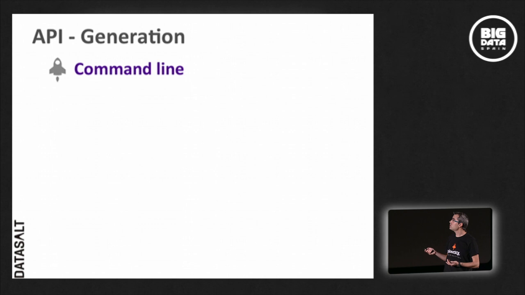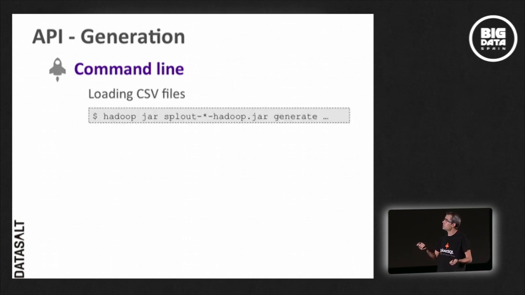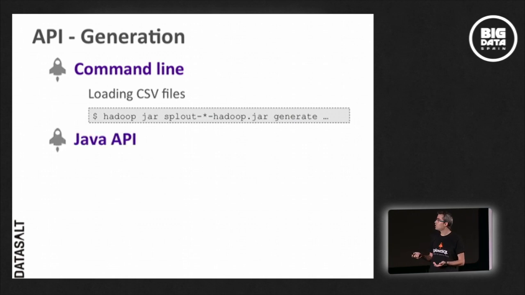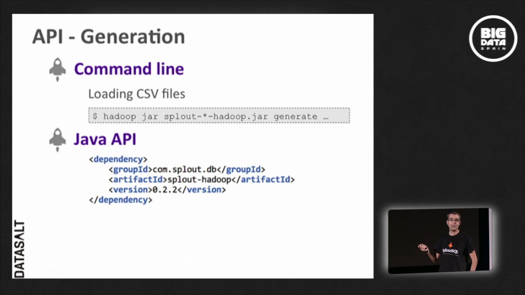The API for generation has several ways. One is the command line from CSV files, for example, and you just have to run the typical Hadoop jar. So you have hadoop jar, Splout SQL Hadoop jar, and some parameters that you have to configure. Also, you can do that through the Java API. This is the Maven dependency, so you can launch this generation from your code.